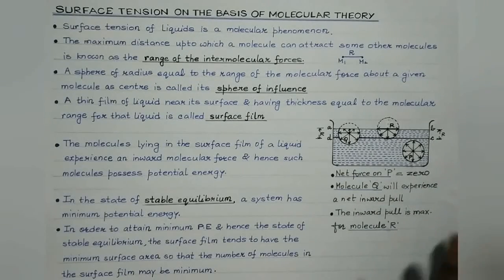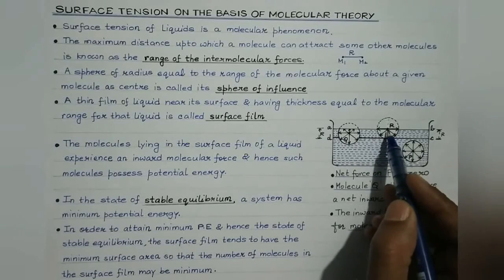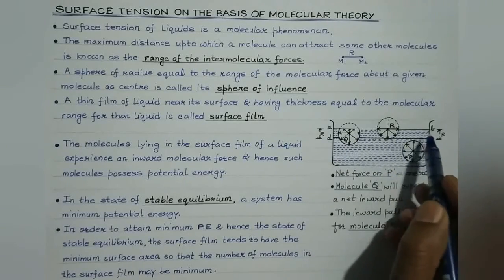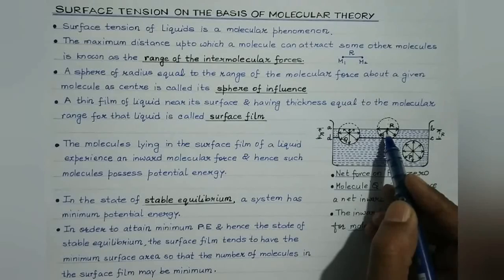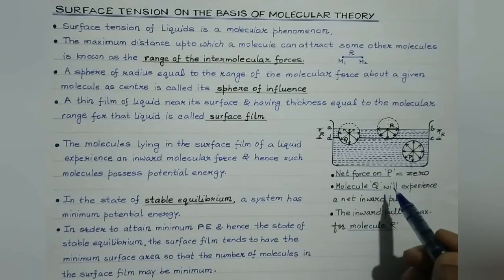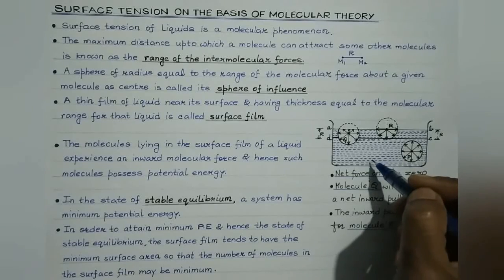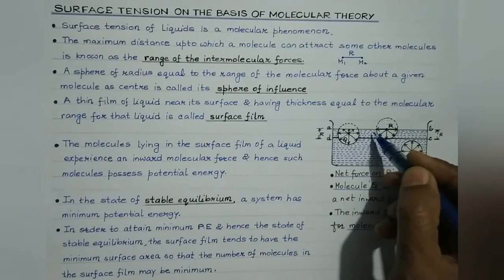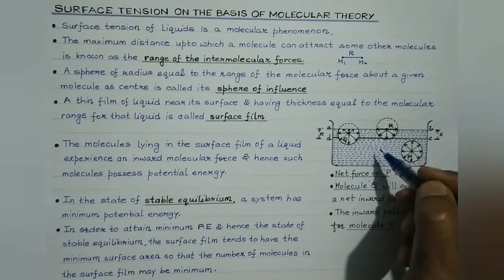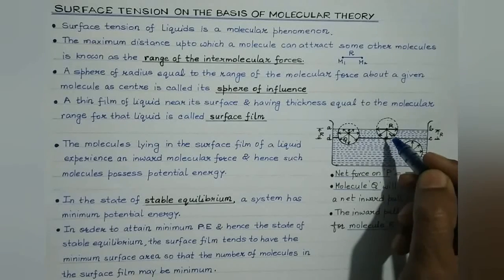Students, what we have discussed is that all those molecules residing on the surface of the liquid experience a maximum inward pull, and hence if we intend to bring a molecule from the interior to the surface, then we have to do some work against this inward force, isn't it?